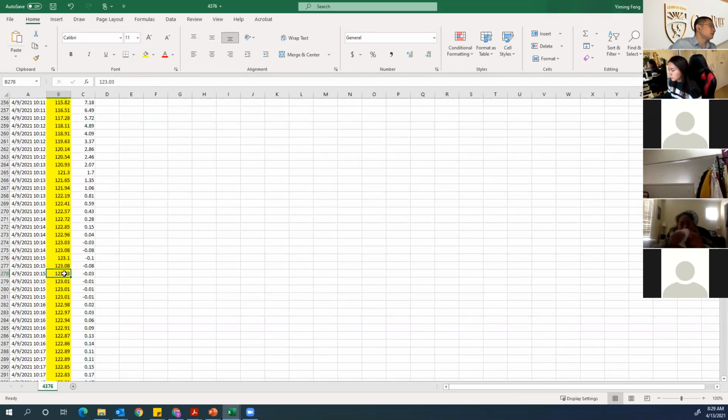If the data is all accurate and everything is right, this shouldn't be 123. That's why I changed the retort temperature to 123 to make this calculation more reasonable.